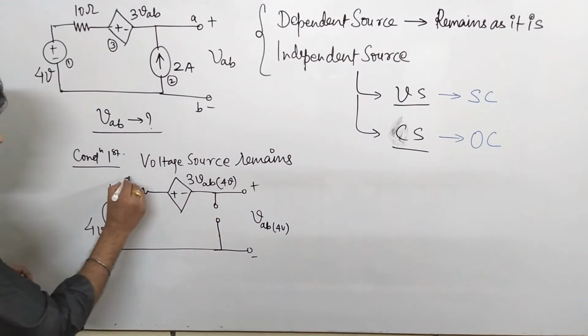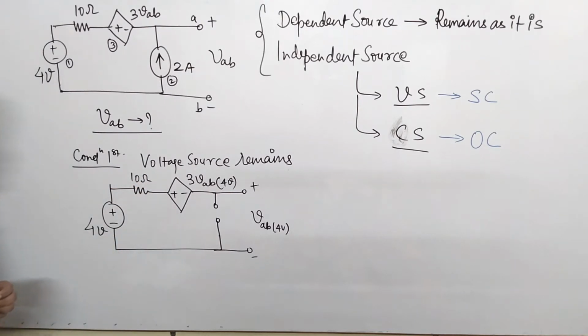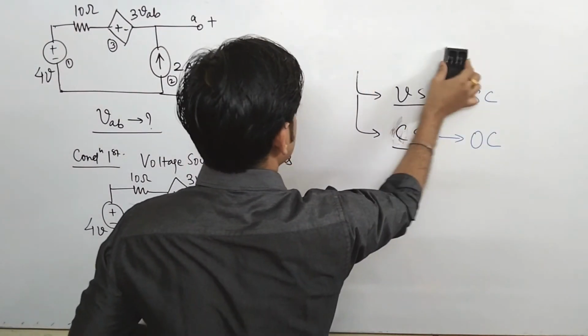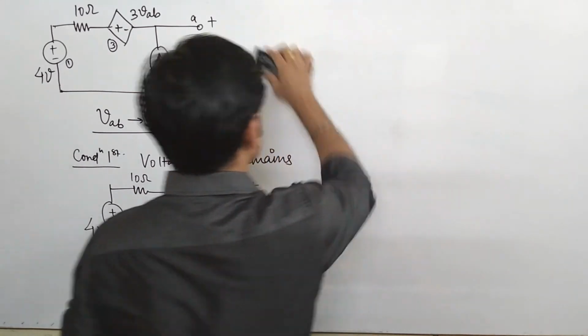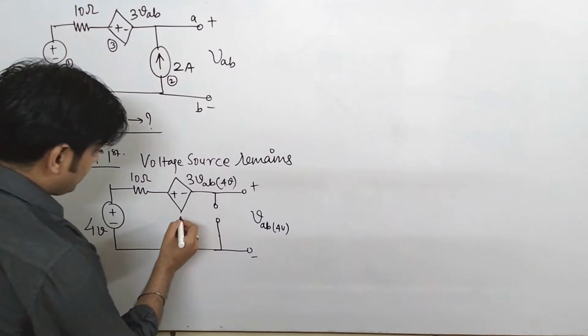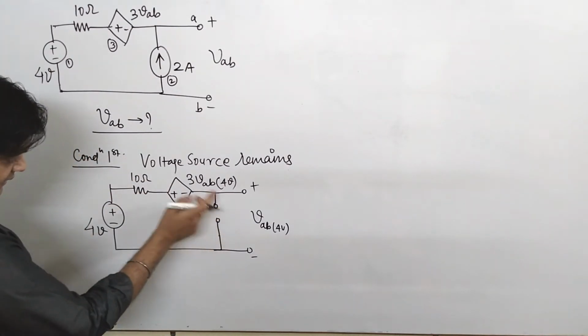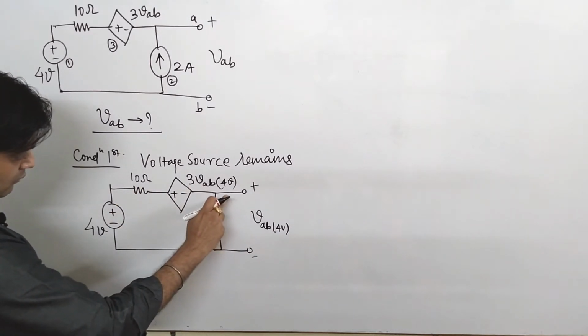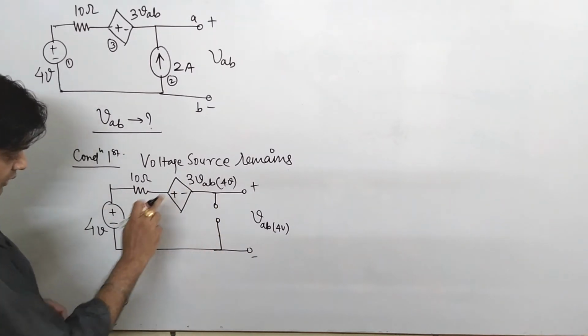So the value of VAB due to 4V is because of the presence of the 4 volt source. Now we will see how we find it. Please see, this is an entire network, and since the entire thing is an open circuit, no current will flow.